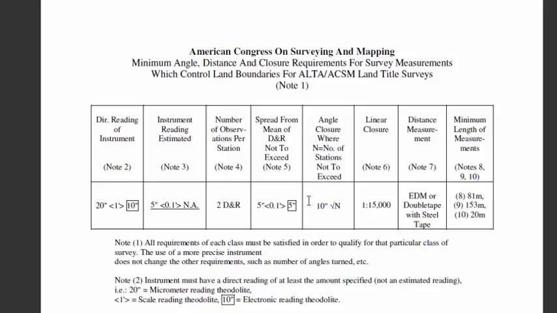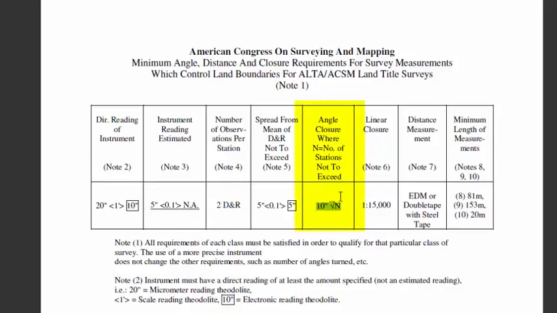Now please understand, these particular standards were developed in the pre-total station days. So they make reference to methods we typically don't use anymore, but they are instructional in helping you understand what is acceptable accuracy. We typically don't measure direct and reverse, but we do pay very close attention to our angular closure.